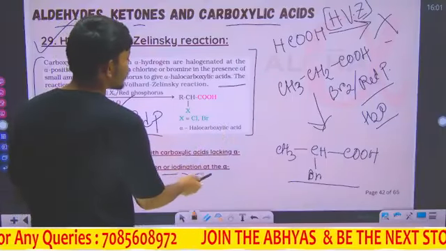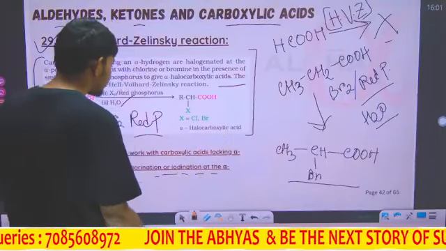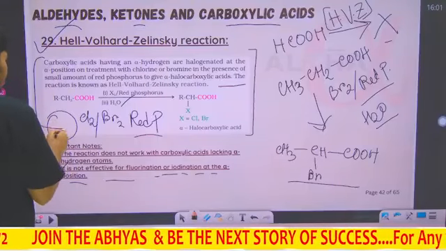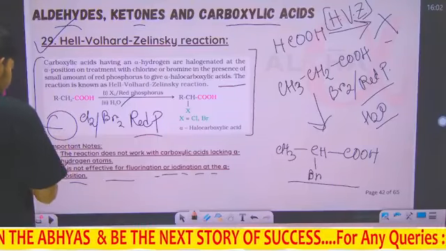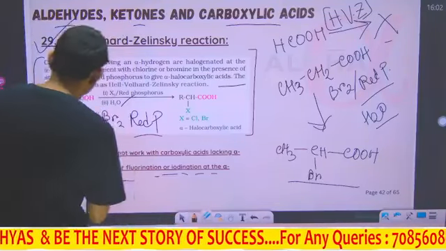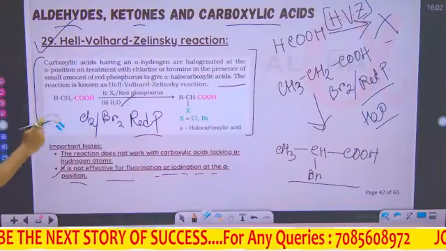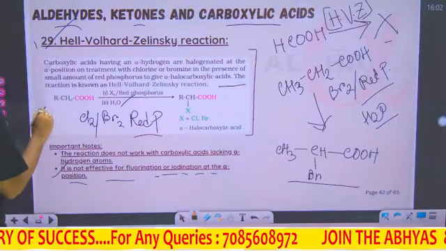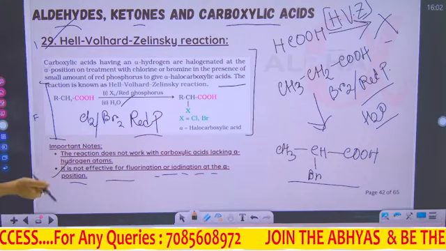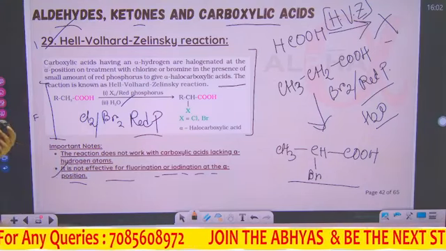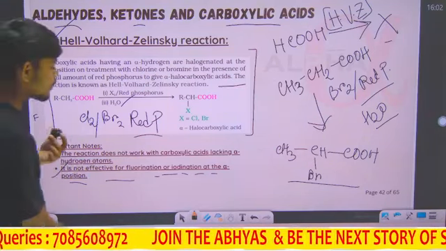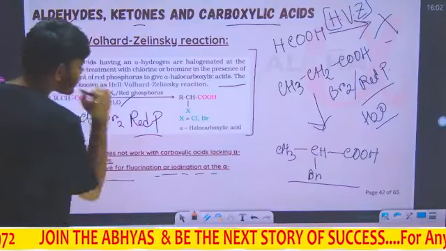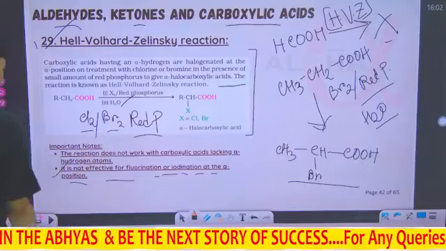Why can't we add iodine by Hell-Volhard-Zelinsky? Because of the huge size of iodine compared to fluorine. How can you add that much bulky group to the middle? You can't. So these are the drawbacks, important things to remember: only chlorine and bromine.